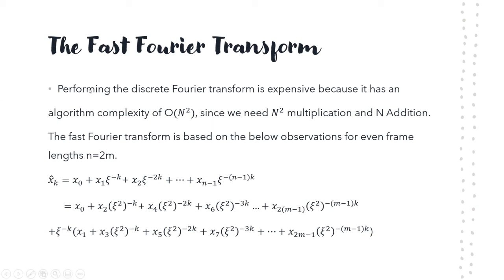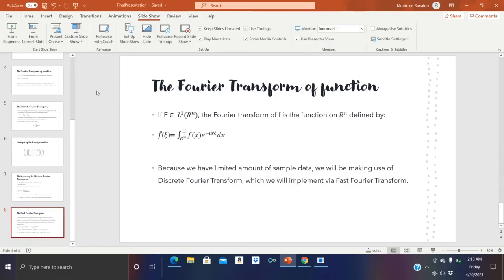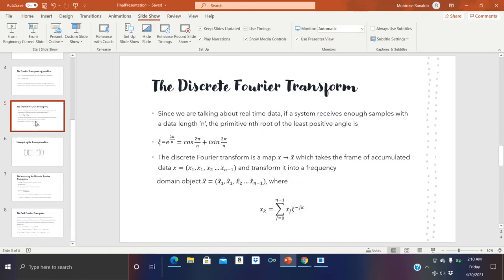What I mean by that, if we go here, we see it's going to call that, and this is a very expensive operation because it is cos 2 pi jk over n plus i sine 2 pi jk over n.